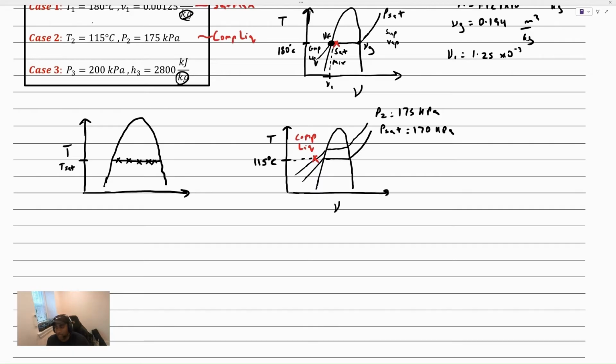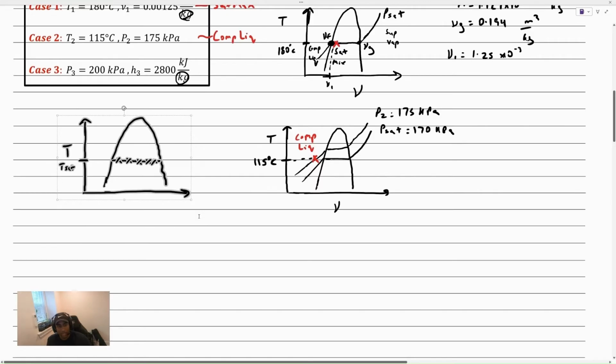So we're not fully fixed if we're within the saturation dome. We need another intensive property like specific volume. We need an enthalpy. We need a quality, which is the percent of the mixture which is vapor. So that's an important idea to understand: if you're a saturated mixture, temperature and pressure are not independent.